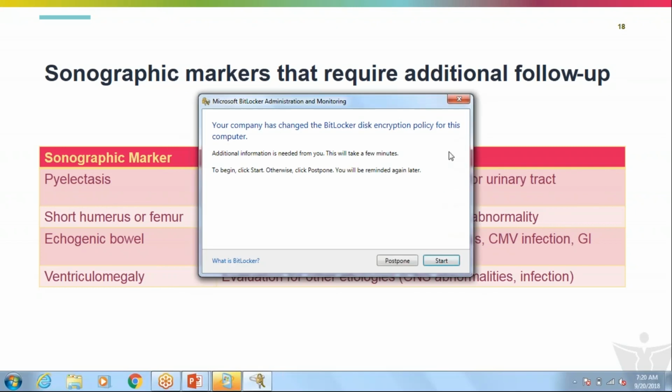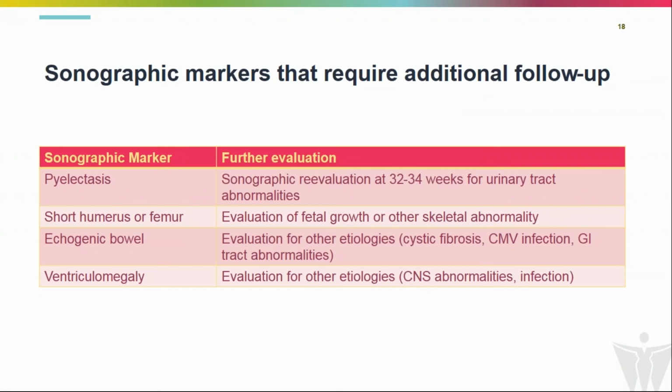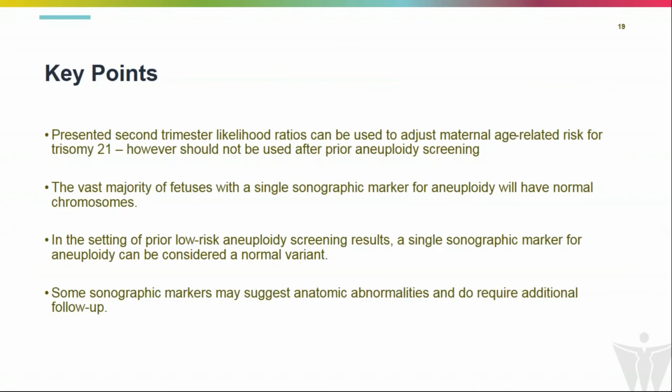So to summarize, there are some key take-home points that I hope you go home with. First, the presented second trimester likelihood ratios can be used to adjust the maternal age-related risk for trisomy 21, however, they shouldn't be used after prior aneuploidy screening.